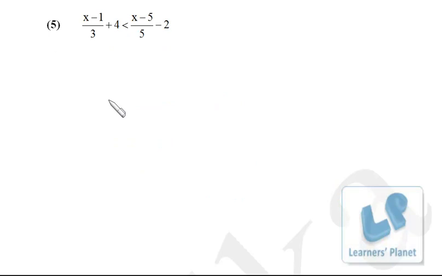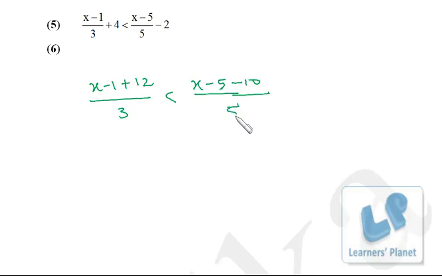Now see this, x minus 1 by 3 plus 4 is less than x minus 5 by 5 minus 2. We take LCM and make it very simple. So x minus 1 plus 12 by 3 is less than x minus 5 minus 10 by 5. So it is x plus 11 by 3 is less than x minus 15 by 5.